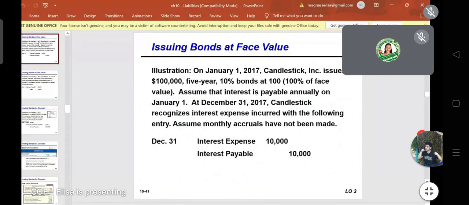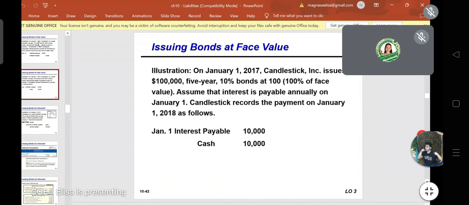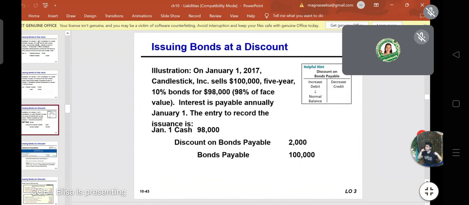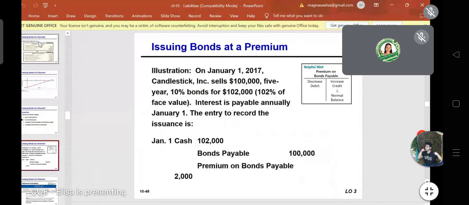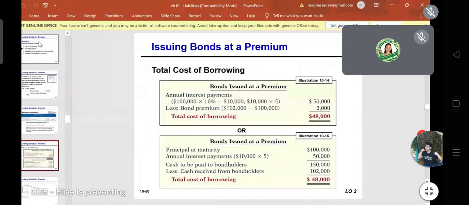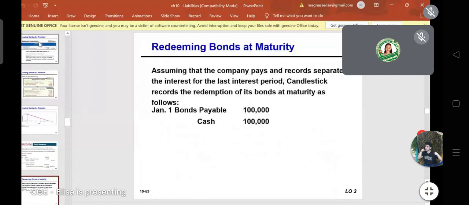It is normal to recognize interest expense and interest payable, yearly, quarterly, or semi-annually. To redeem, by the time of maturity, you debit bonds payable and you credit cash.